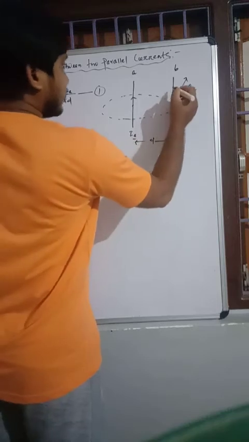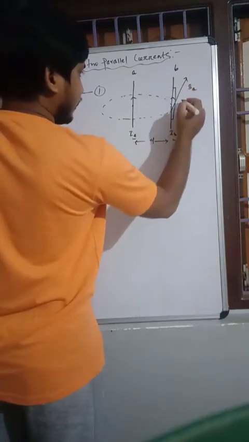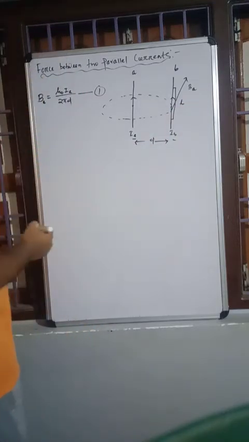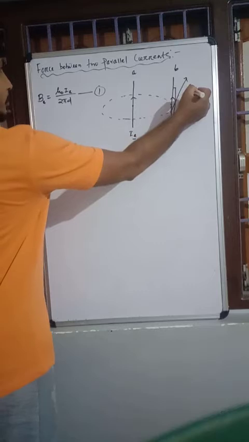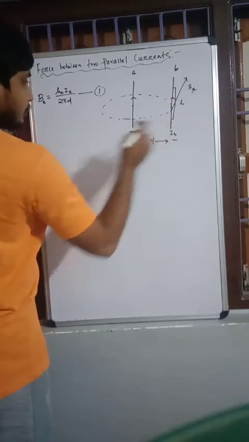And here you just consider, let us say, a length element of length L. So now in this magnetic field, the current carrying element IB is present.